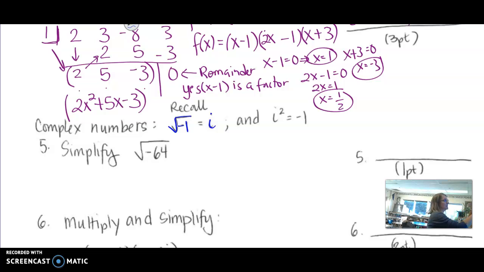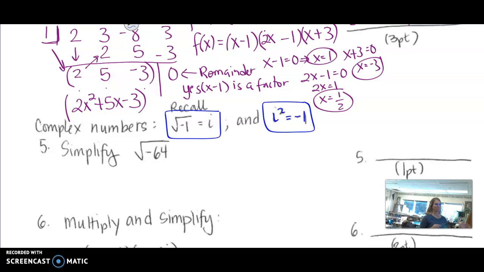Okay, but then if you think of this, if you square both sides here, you end up with i squared. The square undoes the square root, and you end up with i squared is equal to -1. So these are two things you need to know. Put a box around that one. Okay, so i squared is -1.